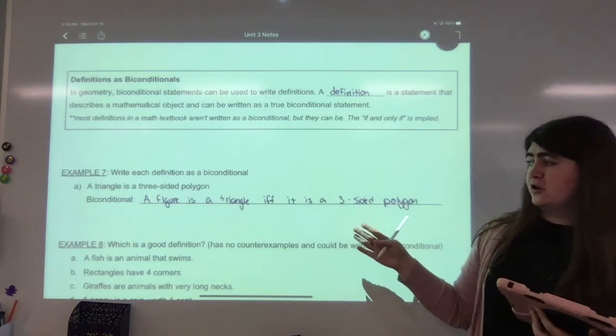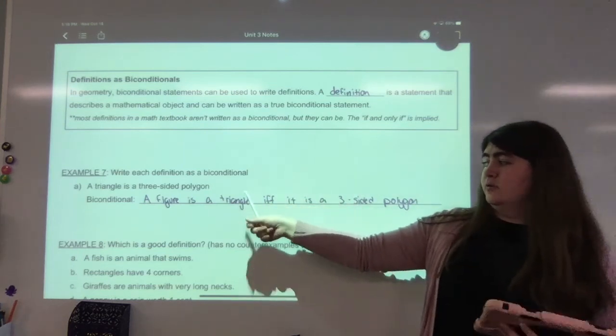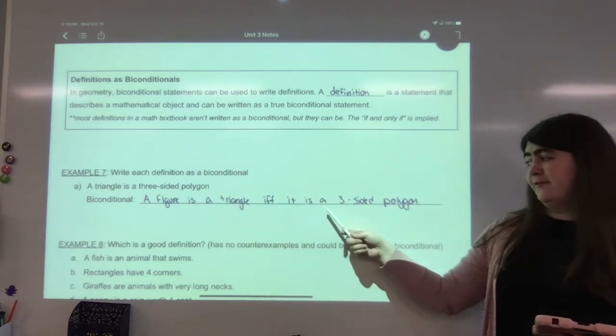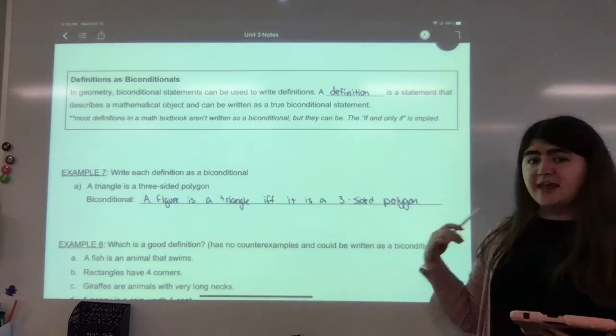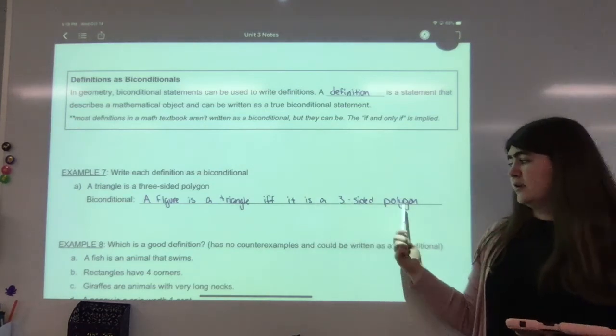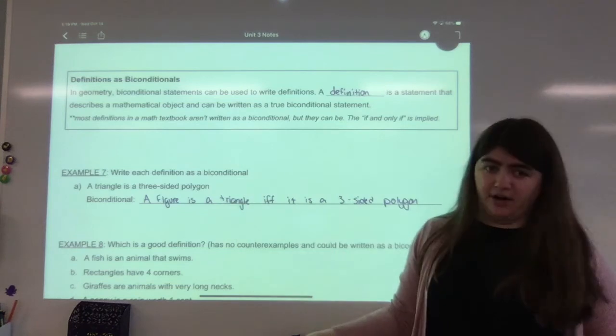That's a definition for a triangle written as a biconditional. That means I can flip it and it will still be true. So if a figure is a 3-sided polygon, then it is a triangle.